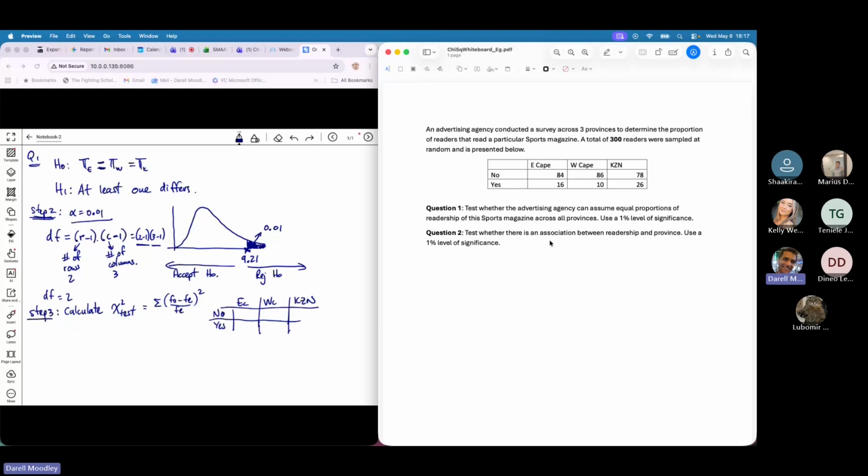So it's the same format, but instead in this table, I'm going to populate it with my FE values, my expected frequency values. Now the formula to get your FE, this formula you need to memorize, okay? It's not given to you. So the formula you're going to use is row total times column total all over grand total.